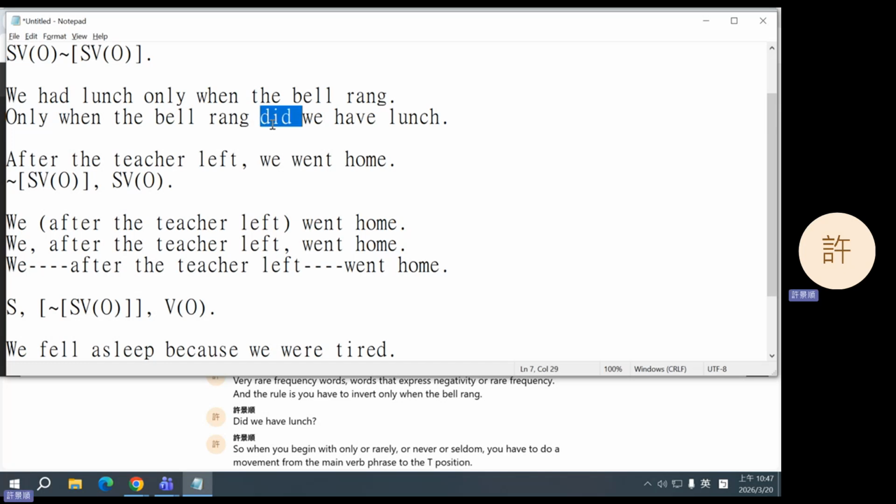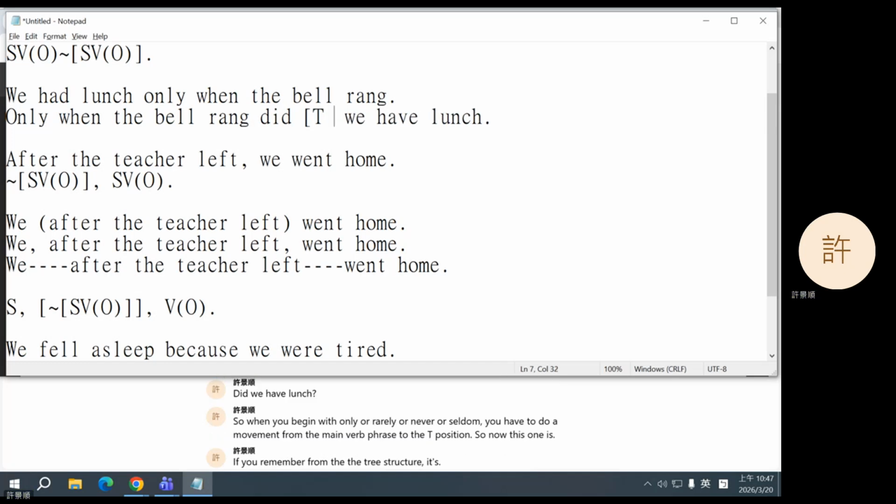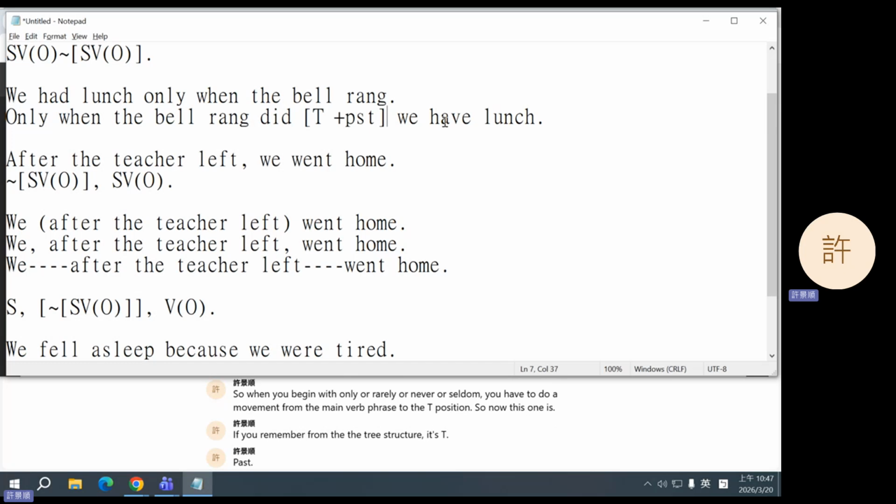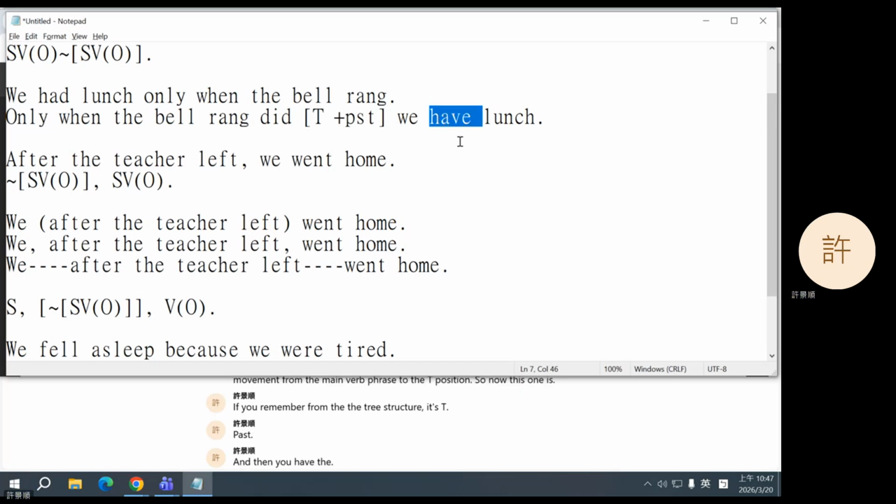If you remember from the tree structure, it's T past, and then you have the pure verb left in this part of the sentence.